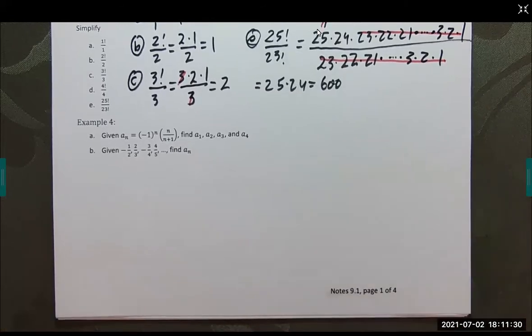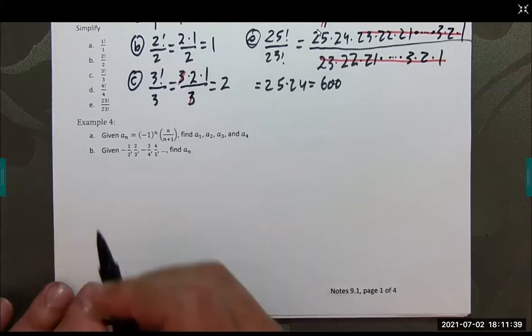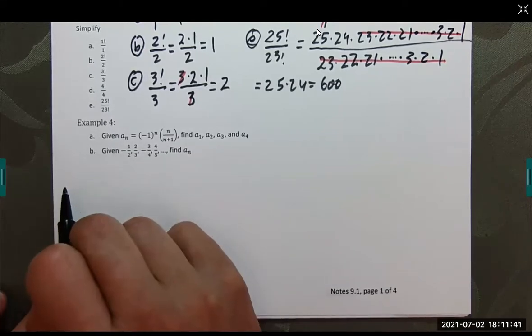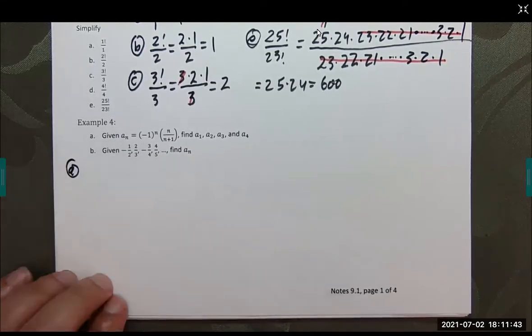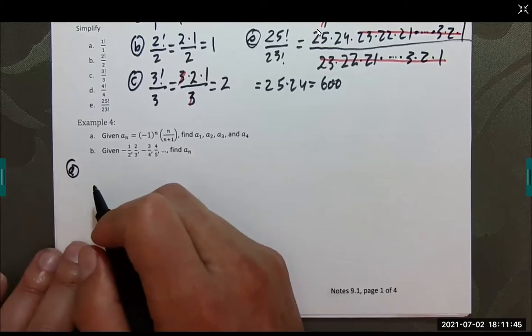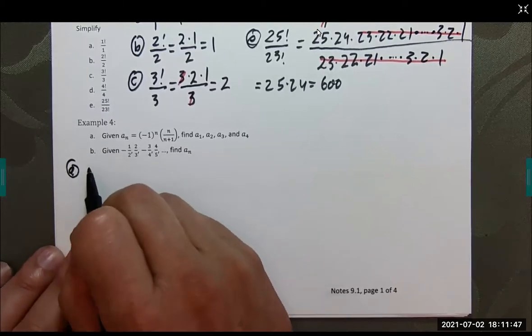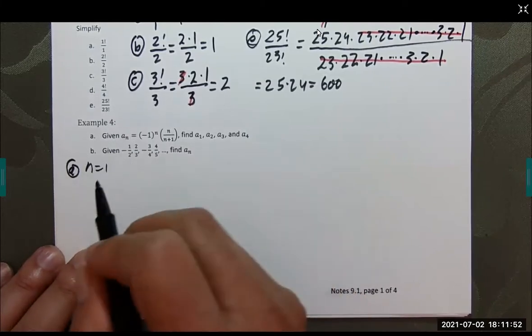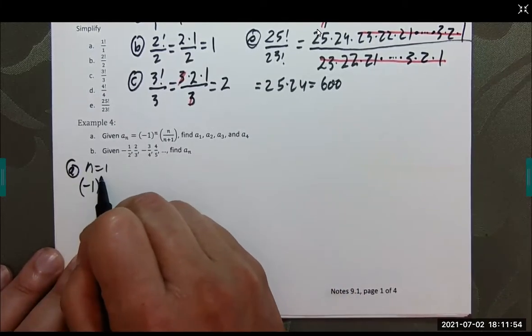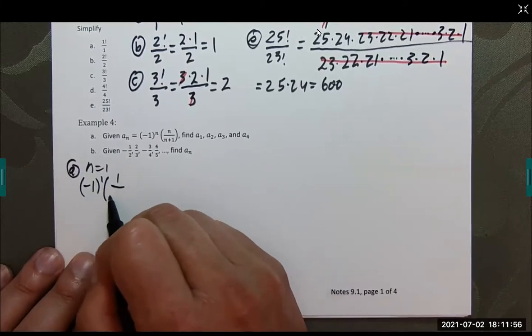All right. Example 4. So we're given sort of a formula, and they want us to write out the terms. So let's start with A, first 4 terms. We have when n equals 1, negative 1 to the 1 times 1 over 1 plus 1.